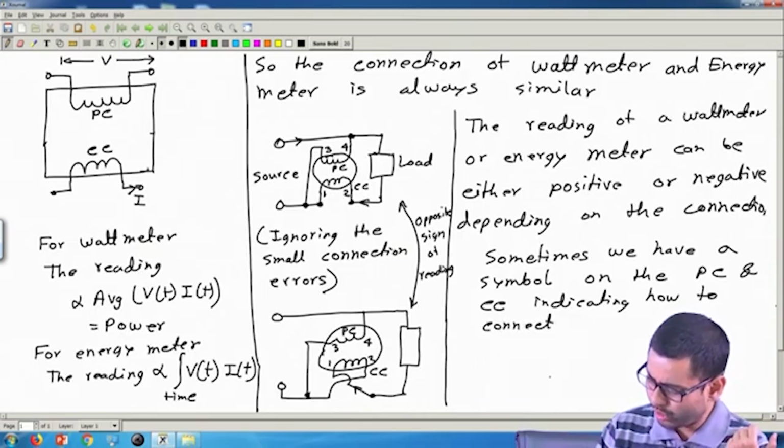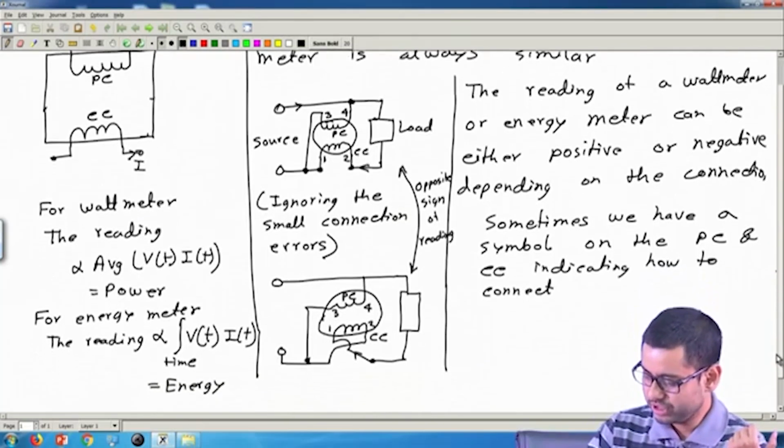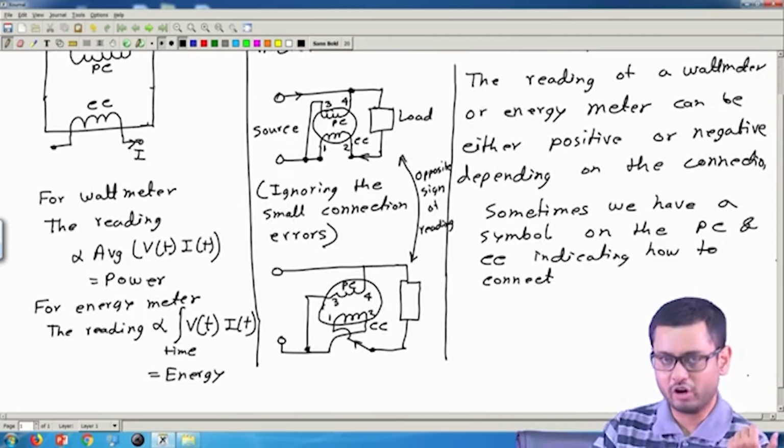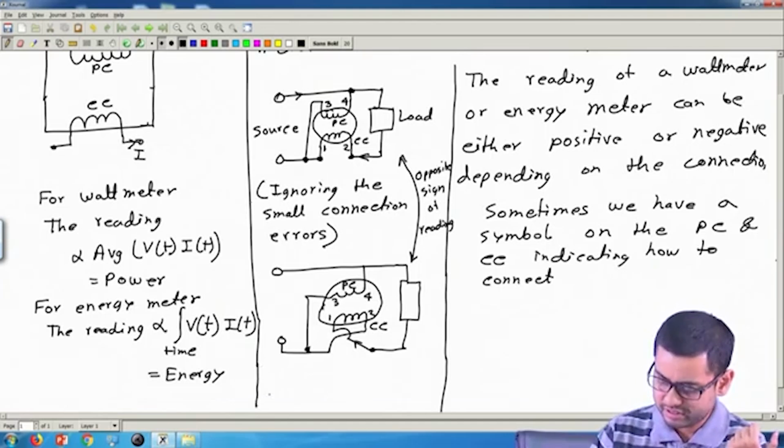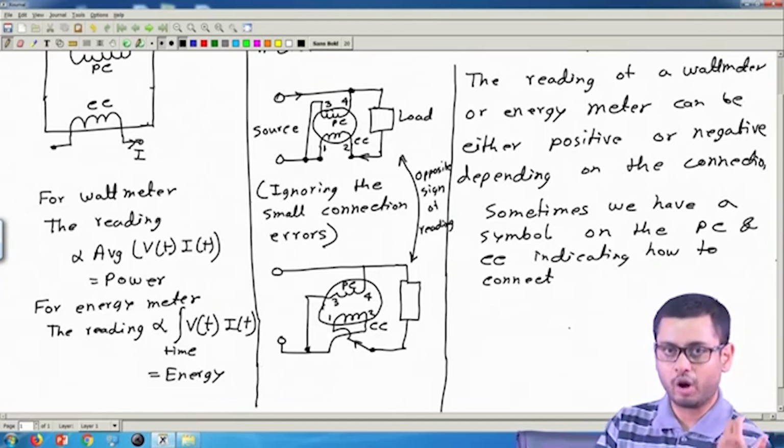And this symbol and convention can vary. Different instruments have different conventions. So do not memorize this thing. This is only for our knowledge and common sense.